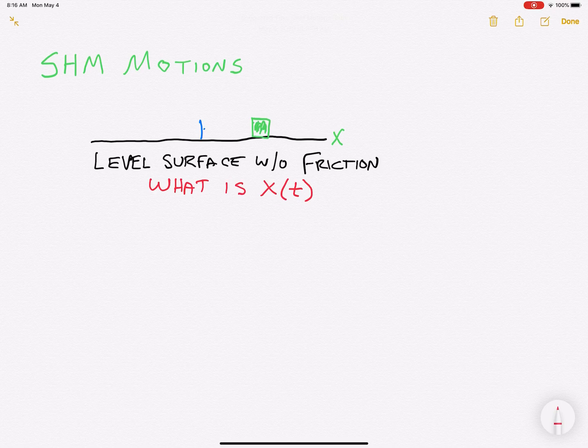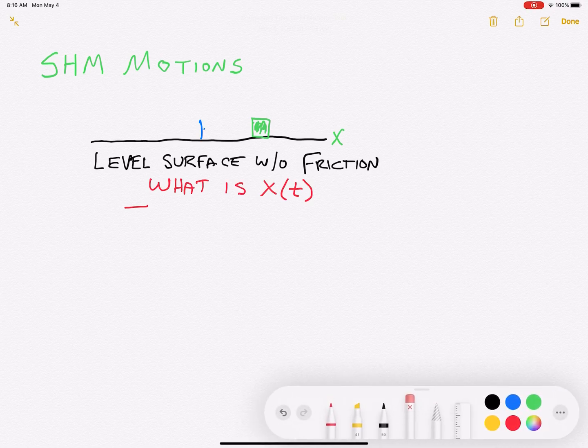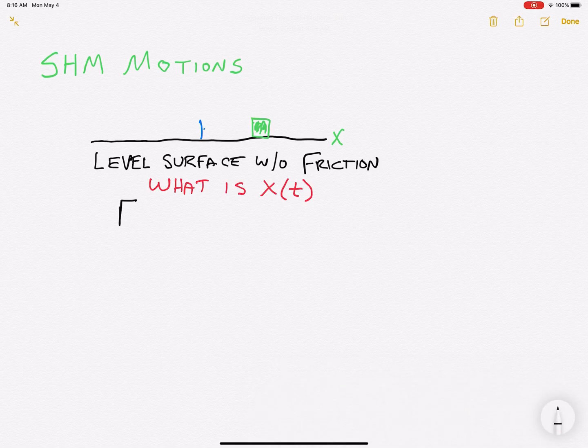So a block sitting on a frictionless level surface, what we would normally do is say, let me get rid of red. What we would normally say is sum the forces, mass and acceleration, which is the result of our system, which is the block system or the mass system.